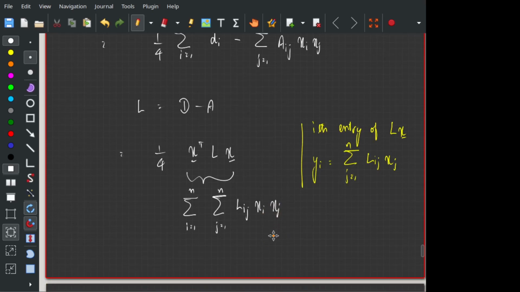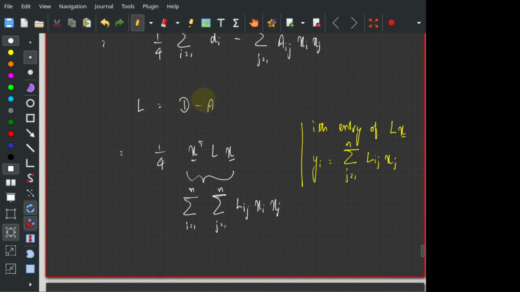Okay, but what is Lij equal to in terms of D and A? D is a diagonal matrix. So if i is not equal to j, then Lij is just minus Aij. If i is equal to j, then Lij is equal to di, the degree of the ith vertex. This is exactly what we have over here. We all agree?